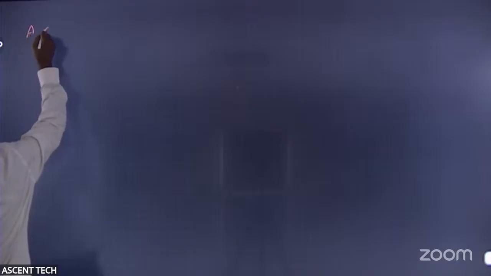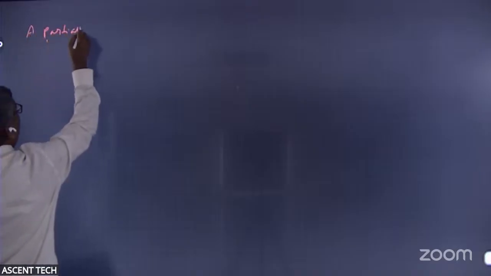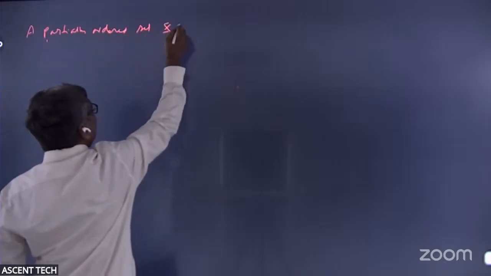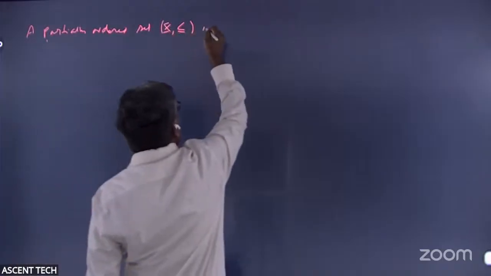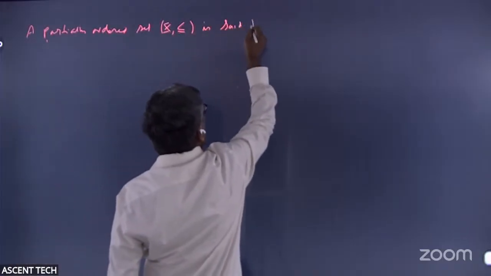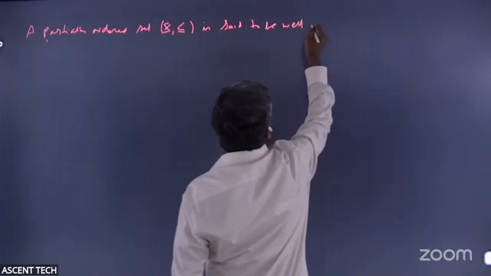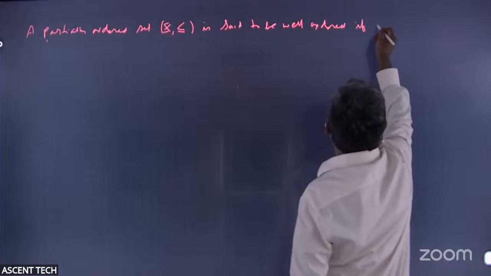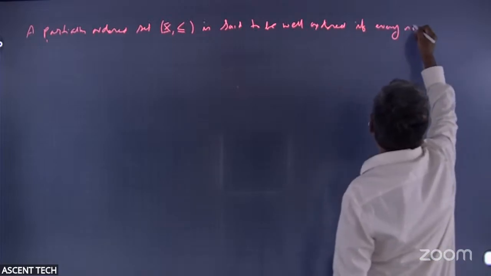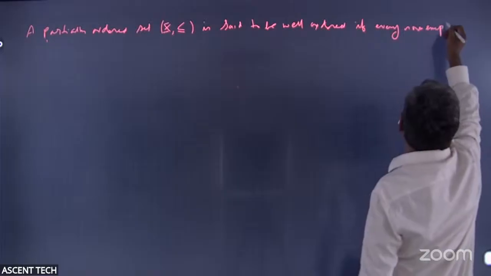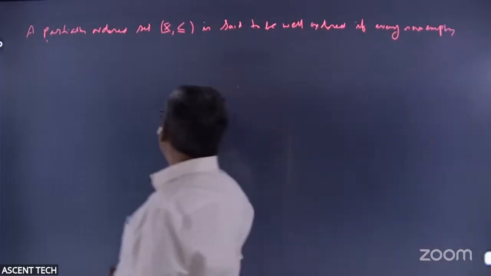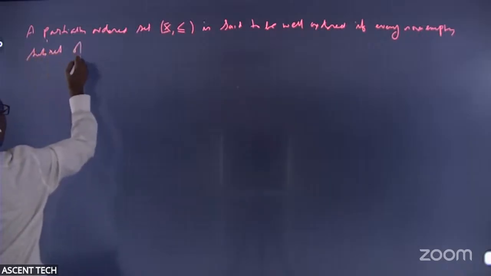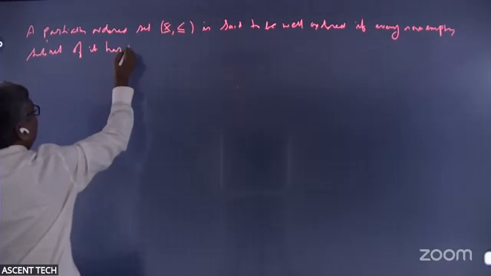A partially ordered set (X, less than or equal to) is said to be well ordered if every non-empty subset of it has a smallest element.